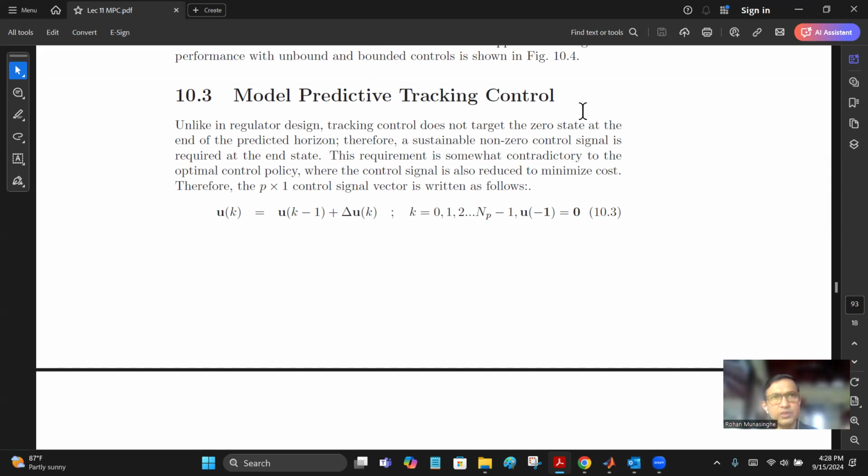If you have a disturbance sending the states away from 0, up or down, the controller immediately jumps in and controls these state variables back to 0. Most of the results I have shown you are of this nature because they are all regulators. And in some systems, I showed you how you can use the regulator as a tracker also. There, we deceive, particularly in the linear quadratic regulator.